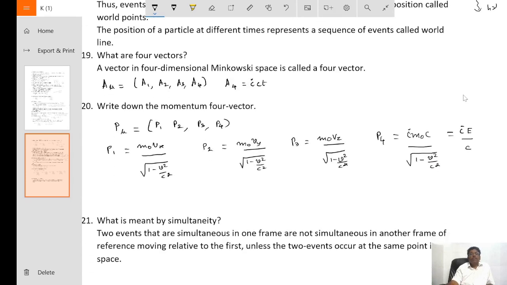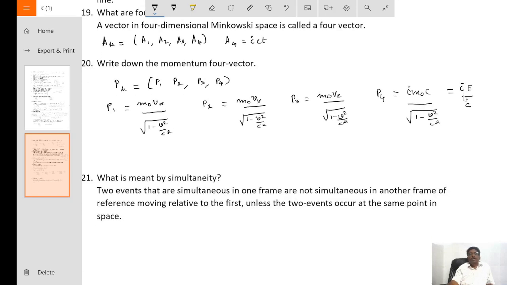What are four vectors? A vector in four-dimensional Minkowski space is called a four vector. It is A_μ = A1, A2, A3, A4, where A4 is equal to ict. Write down the momentum four vector. P_μ = P1, P2, P3, P4. We know that momentum p = mv.